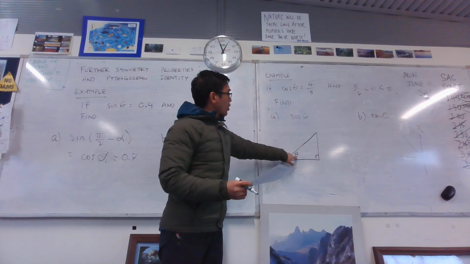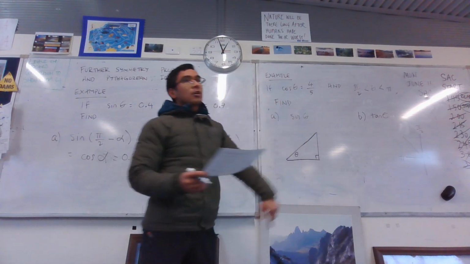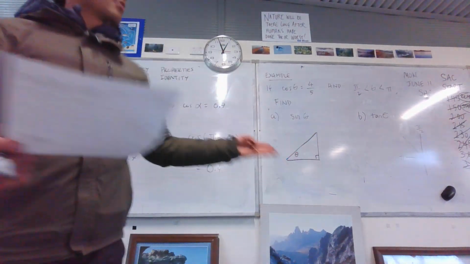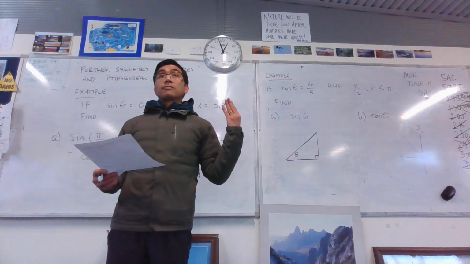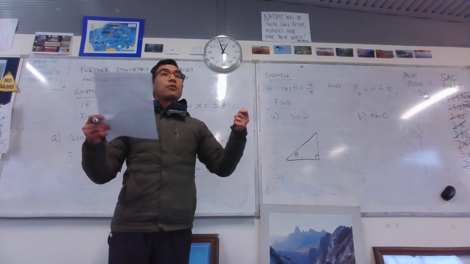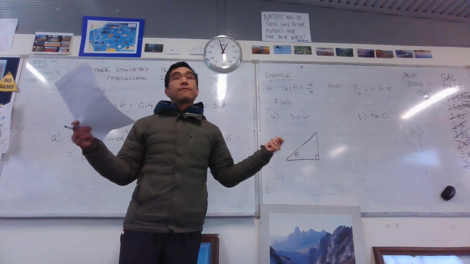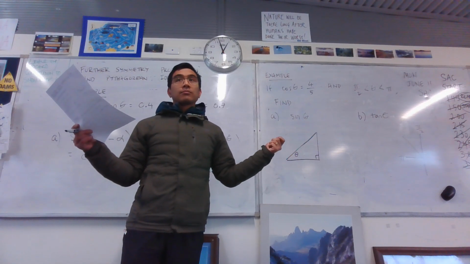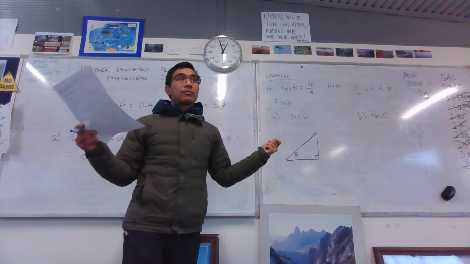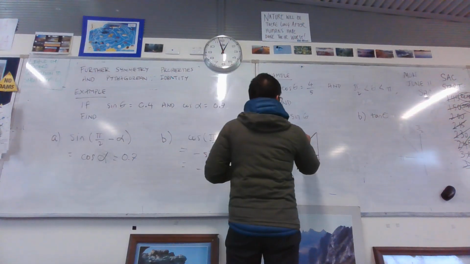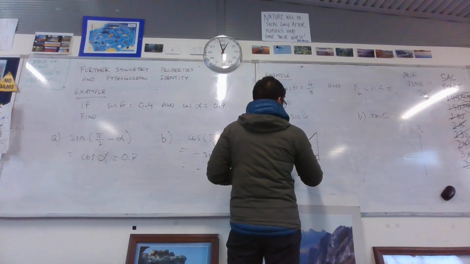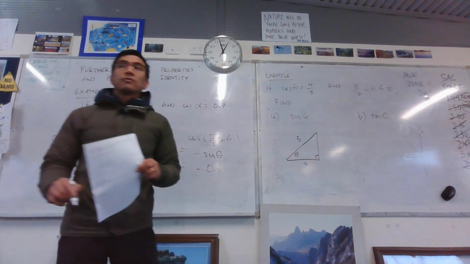Now, cosine theta is 4 on 5. Where am I going to put my 4 and where am I going to put my 5? 5 on the hypotenuse and 4 on the adjacent.